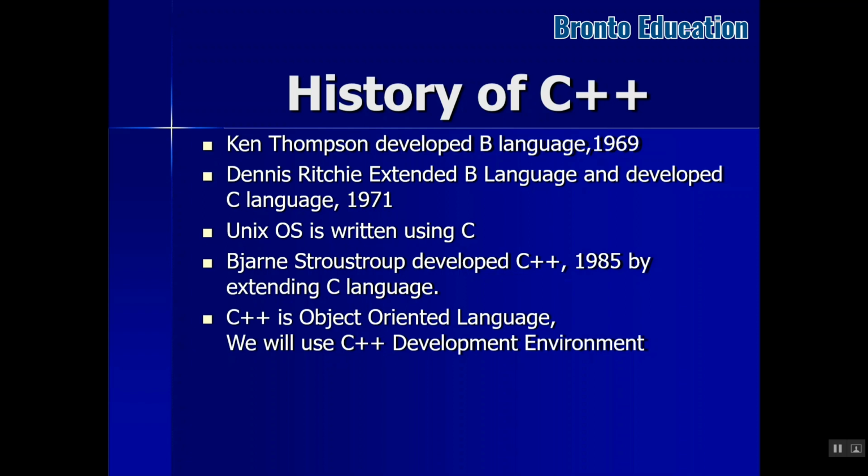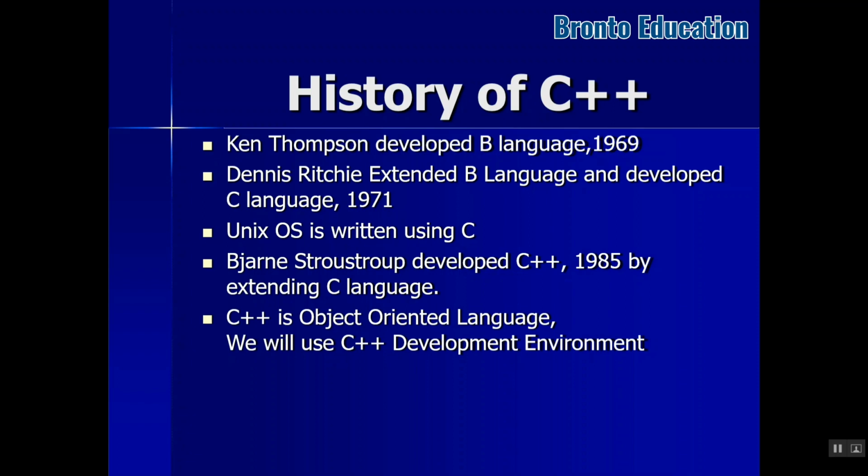One example of C language is the Unix operating system, which is written in C. Bjarne Stroustrup developed C++ in 1985 by extending the C language. C++ is an object-oriented language. I will try to make an object-oriented programming tutorial also, inshallah.